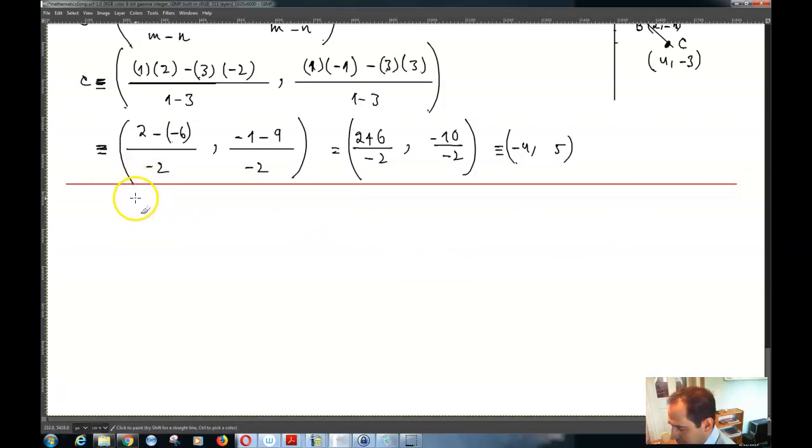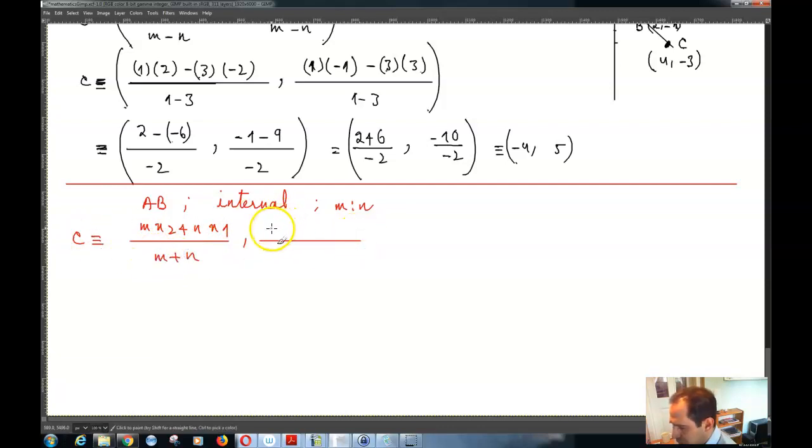So suppose that you have the line segment AB, and when the division is internal and the ratio is, for example, m to n, then of course the coordinates of the point C would be basically mx2 plus nx1 over m plus n, and the y coordinate of the same point would be my2 plus ny1 over m plus n.